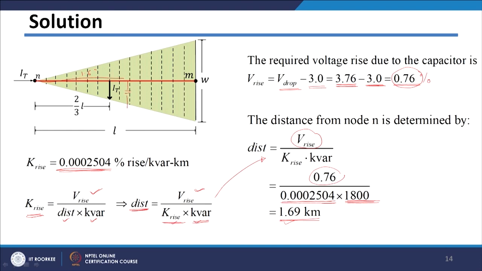Let us say this is 1.69 kilometer, and I need to put this 1800 kVAr capacitor at this location. Because of the presence of this capacitor at this place, the voltage at the end here will get raised by 0.76%, so that it will be within the limit of plus minus 3%. So, it will get raised by this value, and we will actually get the required voltage limits without violation.